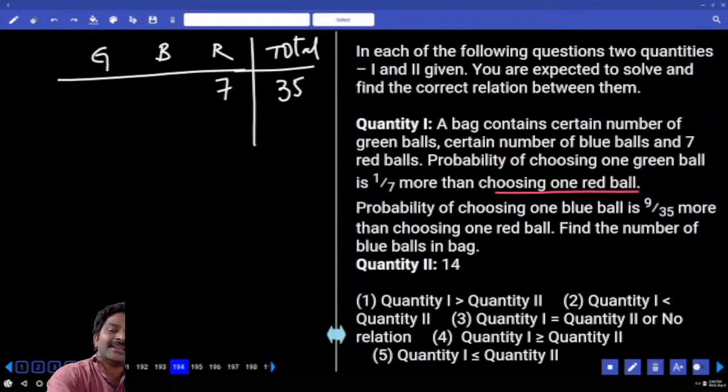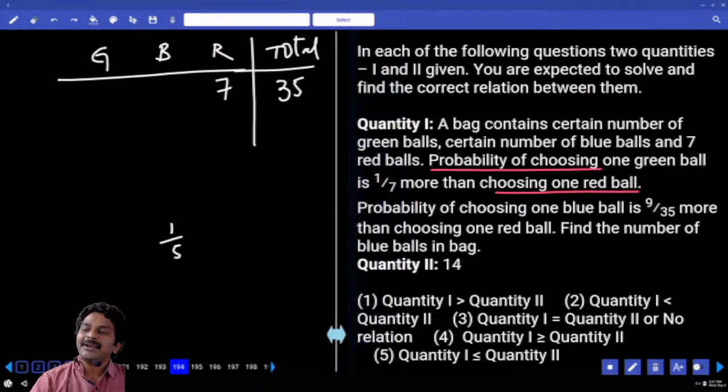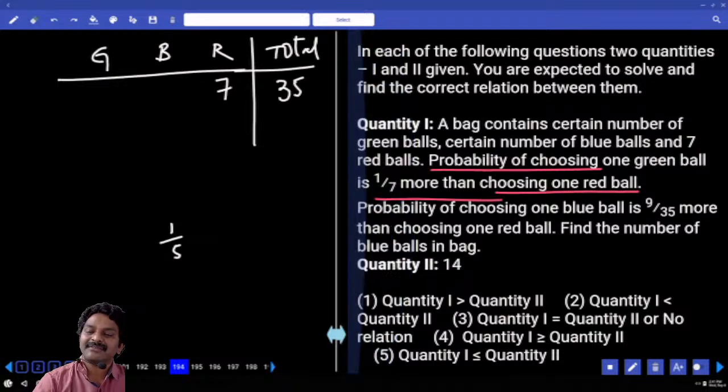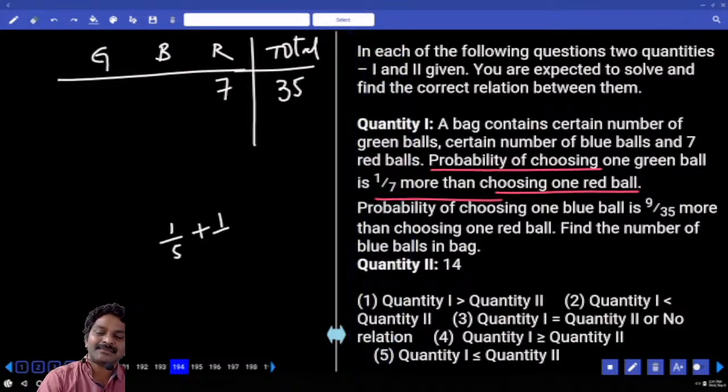If I take the total number of balls as 35, the probability of choosing a red ball is 7/35 only, which is equal to 1/5. Yes or no? Now the probability of choosing a green ball is 1/7 more than this number, which is equal to 12/35.